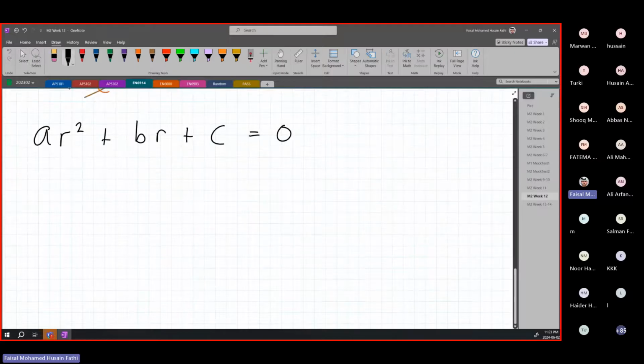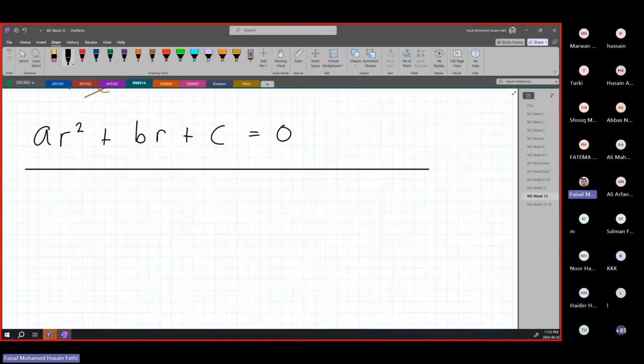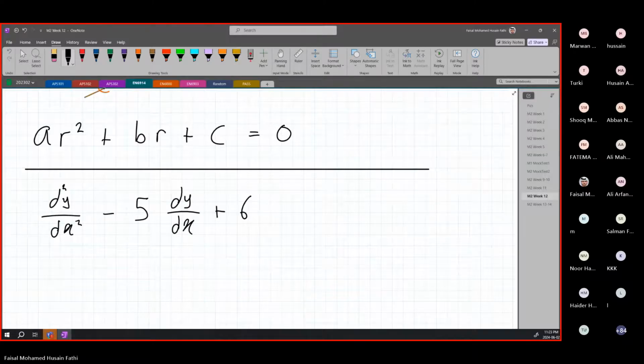So for the first case, let's say we have d2y by dx squared minus 5, all right, times dy by dx plus 6y is equal to 0. So in this case, our value for a is 1. Our value for b is 5. So this is our a value, which is 1, which is not mentioned. Our b value is 5. And our c value is 6.